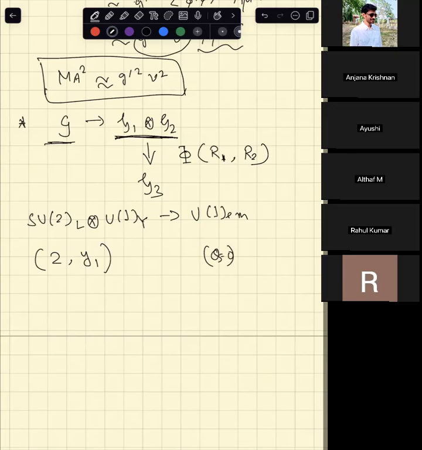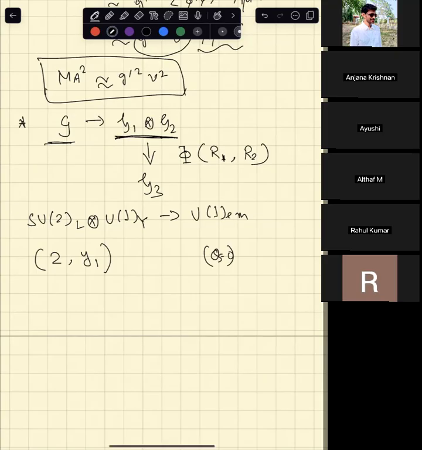If electromagnetic charge is non-zero, then the photon will be massive because U(1) electromagnetism will be broken. So I impose these conditions to have a successful symmetry breaking: that I start with SU(2) and U(1) hypercharge, and that is broken to U(1) electromagnetism.